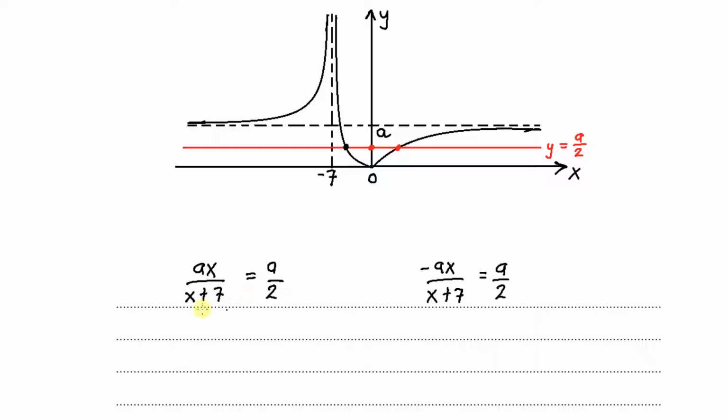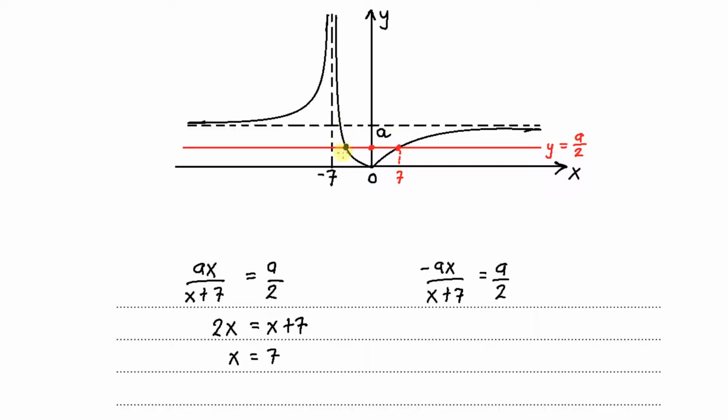By cross multiplying and also considering that a appears on both sides, I'll divide both sides by a, and I will get 2x is equal to x plus 7. If I solve for x here, I will get x equal to 7. So this point here corresponds to 7.